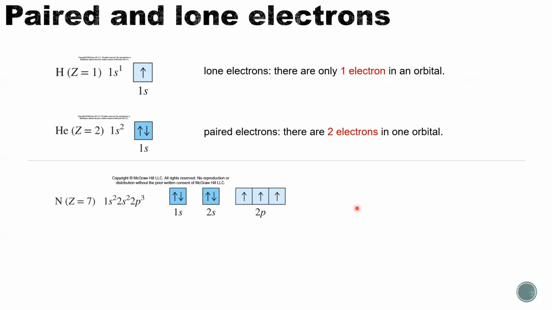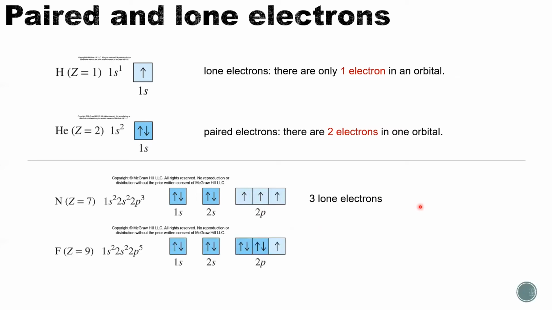For these three p orbitals, when we have three electrons to fill in, these electrons want to occupy as many orbitals as possible. So it will not form a paired electron and a lone electron. Instead, as shown here, it will occupy three different orbitals with all lone electrons. So in nitrogen, we have three lone electrons in the 2p orbital.